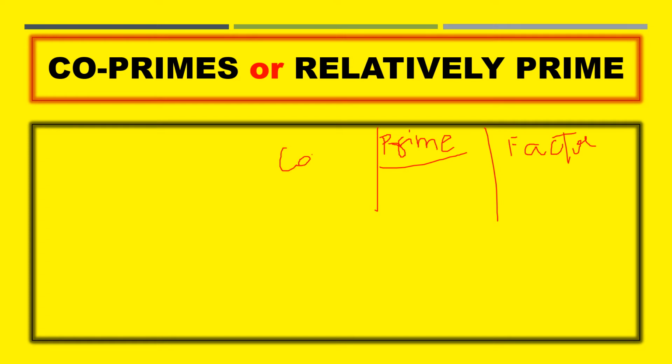The factors topic is very important in finding composite and prime numbers, as well as in identifying co-prime numbers. So for this, follow the link given in the description so that you can easily understand co-primes or relatively prime numbers.